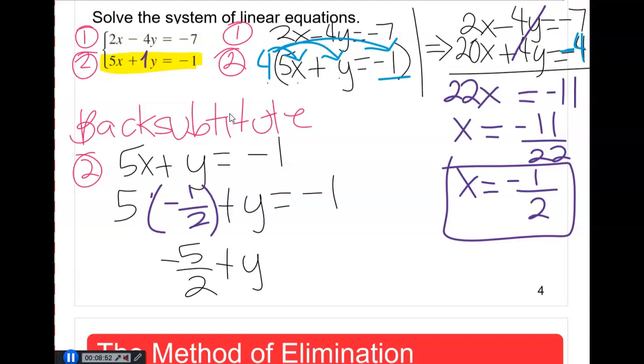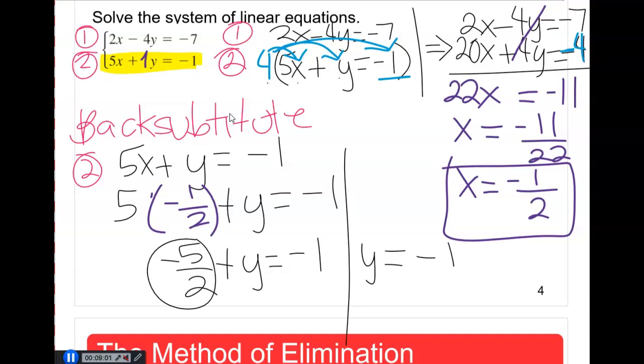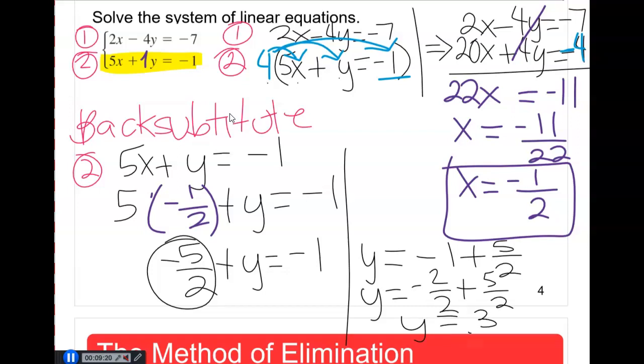From here, we're going to leave the y where it is, and the -1 also where it is, and we're going to take this fraction, -5/2, to the other side, so it will be +5/2. And we know that -1 in terms of halves is -2/2. So we have -2/2 plus 5/2, and this is going to equal +3/2, and that will be the value for y.